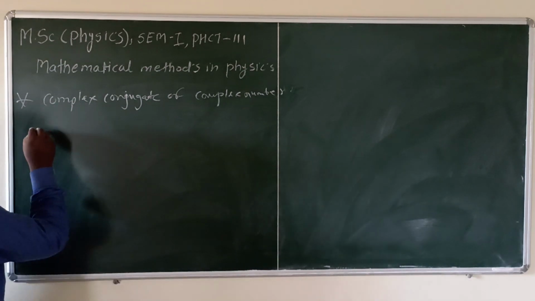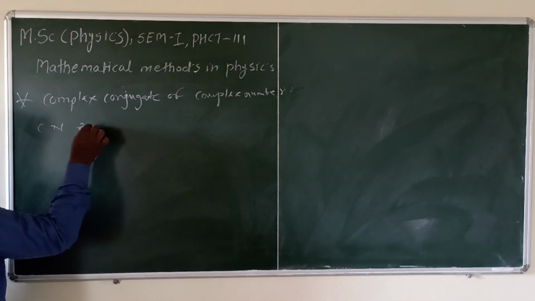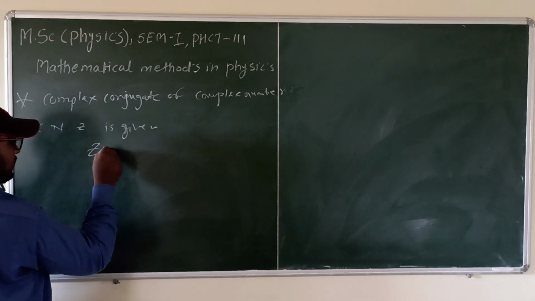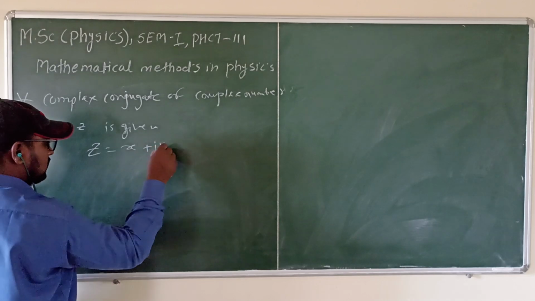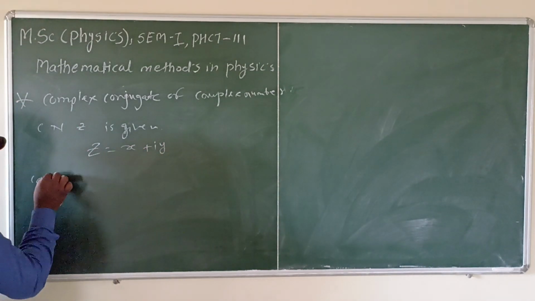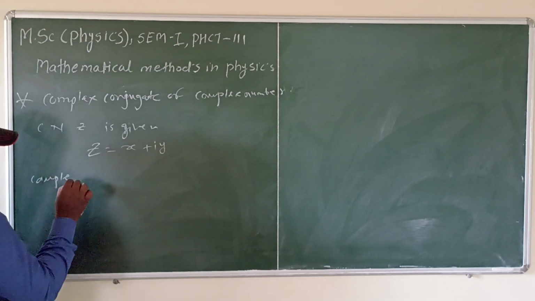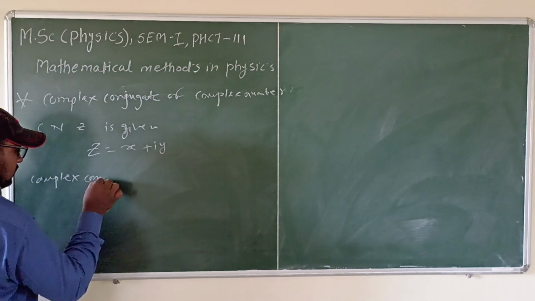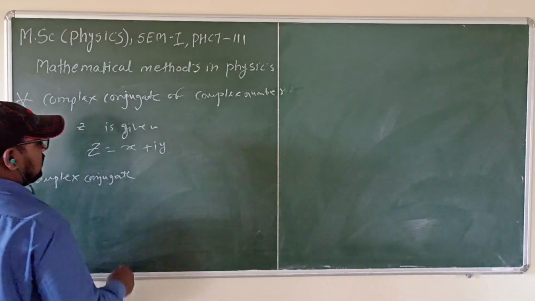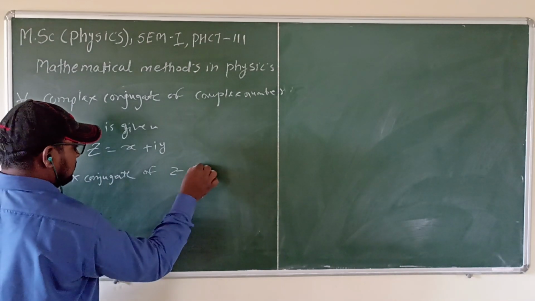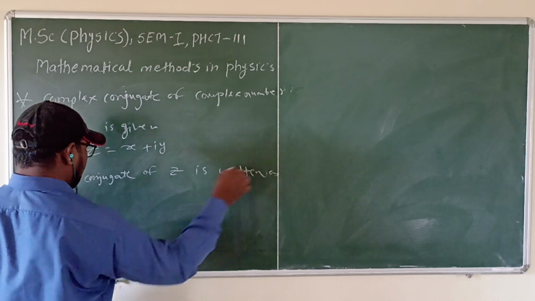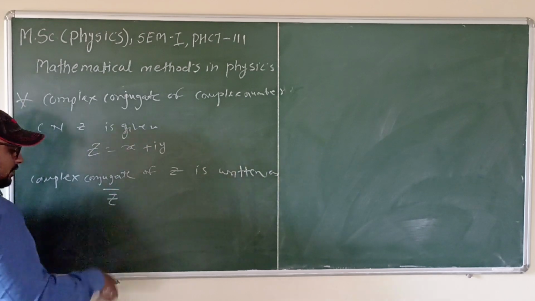So the complex number z is given as z is equal to x plus iy, right? If we take the complex conjugate of this, the complex conjugate of z is written as z bar.